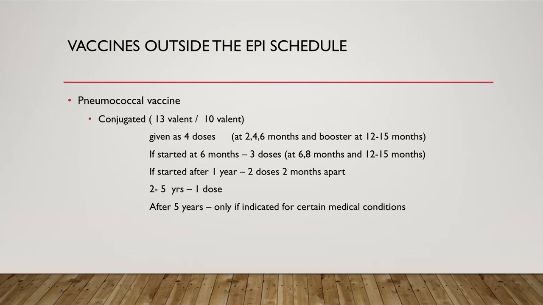I want to make one note about this pneumococcal vaccine. The general public commonly know this vaccine as the pneumonia vaccine. 90% of parents who come to get this vaccine ask for the pneumonia vaccine, which is the wrong terminology, because we as health professionals should educate them that this is only for pneumococcal pneumonia.